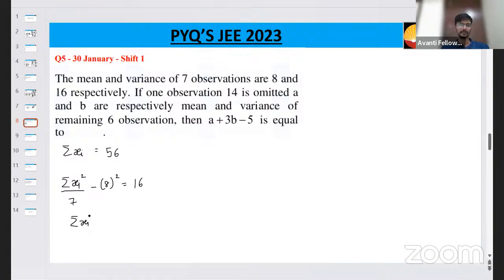So summation xi squared will be 16 plus 64 into 7. So 8 sevens are 560. Correct?